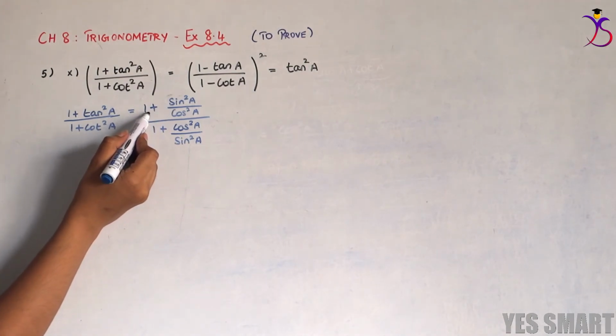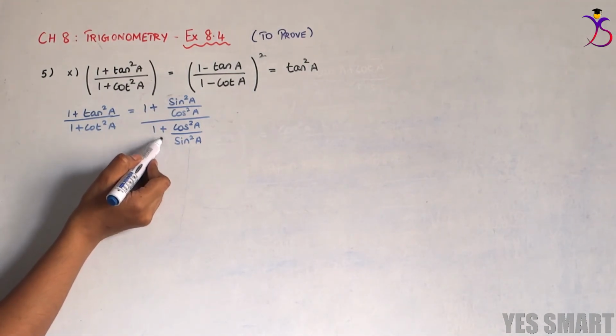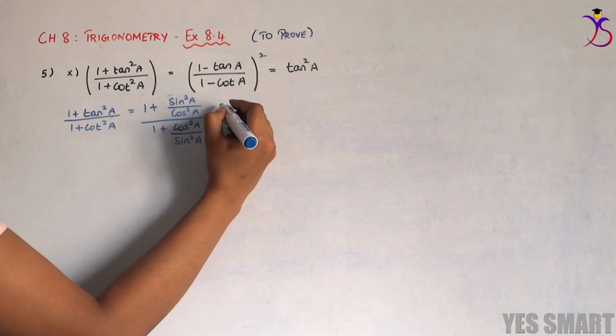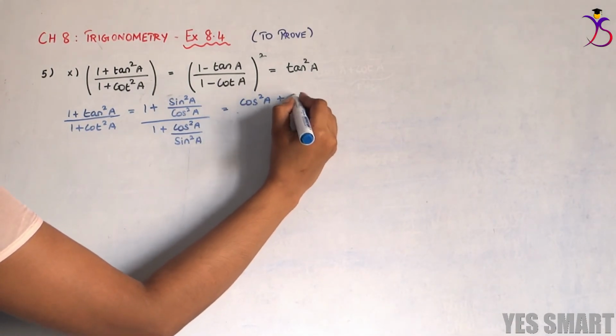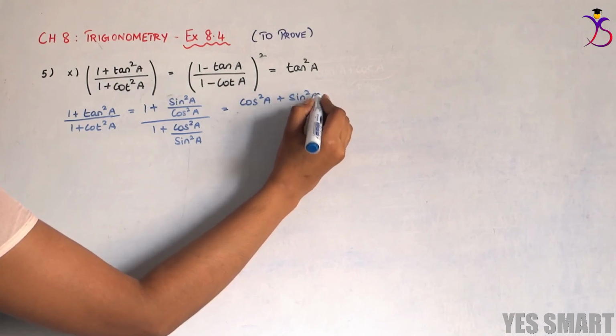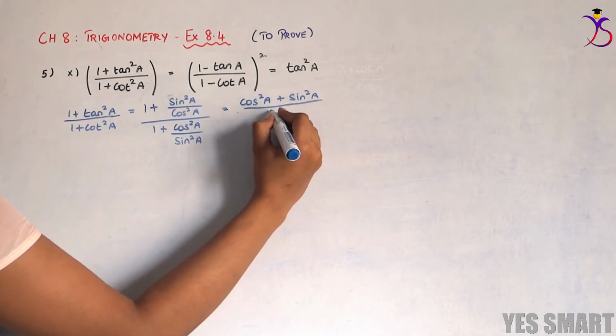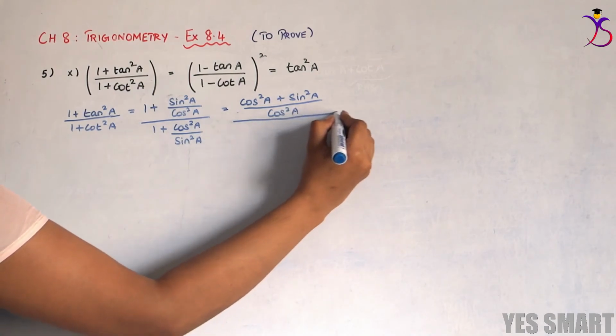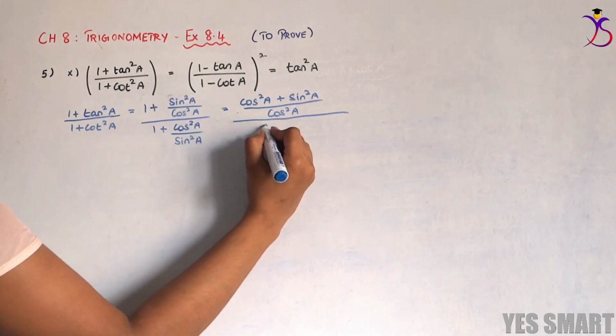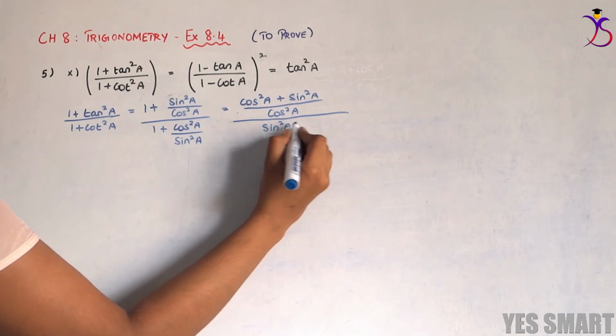Therefore the first fraction should be multiplied with cos square A, equal to cos square A plus sin square A by cos square A, divided by, same way for the denominator as well, sin square A plus cos square A by sin square A.